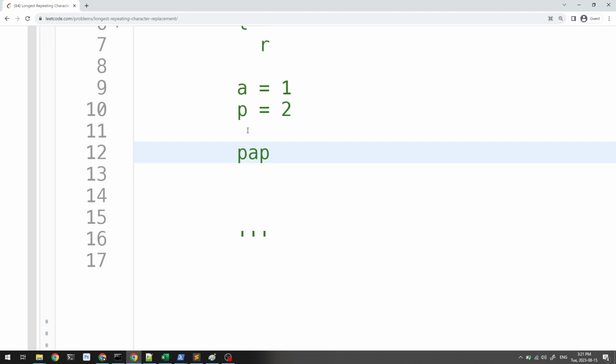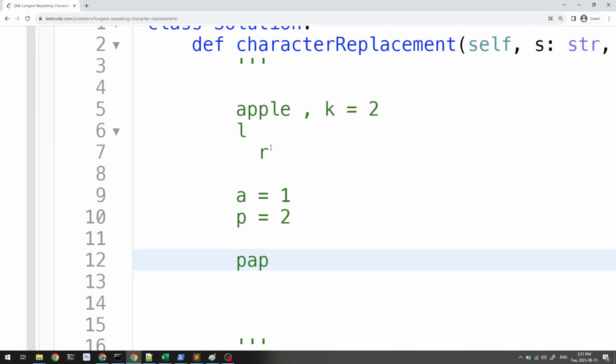Really, what we're doing here is taking the maximum letter frequency and subtracting that from, not K, I mean the size of the window. In this case, we have the size of the window as 3, and I can see that I have P occurring 2 times.